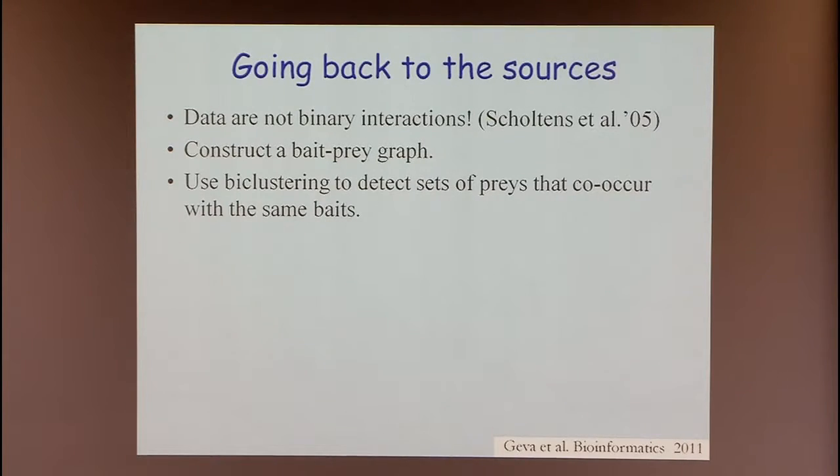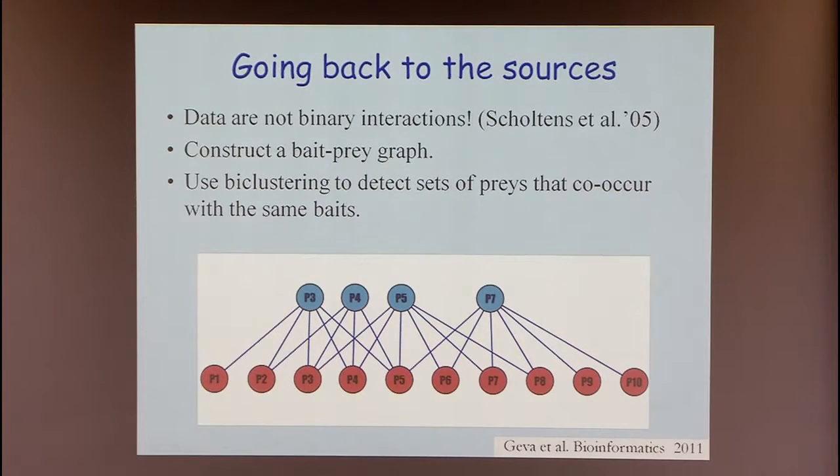Okay? So the way you can make use of that, if you are afraid of hypergraphs and you simply want to capture this information, you can capture it in a bipartite graph. So you make a bait-prey graph in which the baits are the ones that you captured the complex with, and the preys are the ones that were floating around and were captured with them.